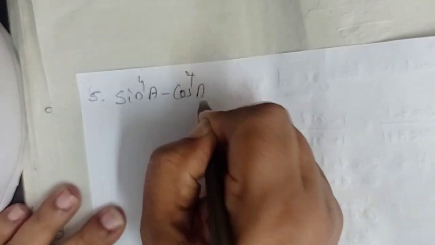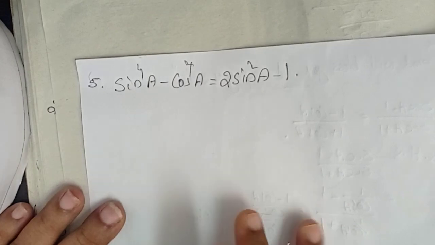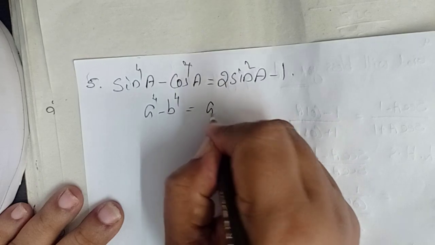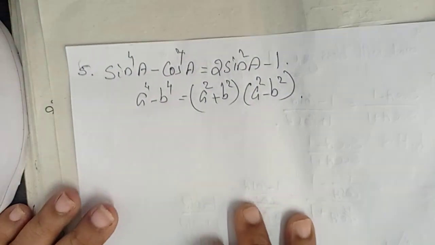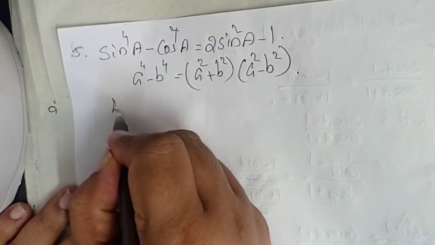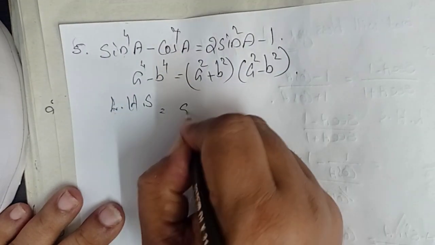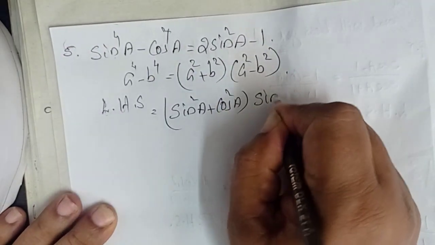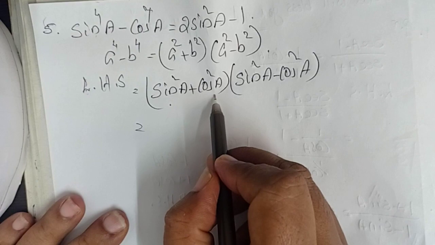Sine raised to 4 A minus cos raised to 4 A equal to 2 sine square A minus 1. Right. Can you say what is a raised to 4 minus b raised to 4? A square plus b square into a square minus b square. Isn't it? Therefore, what is the LHS? Sine raised to 4 A minus cos raised to 4 A. We can write sine square A plus cos square A into sine square A minus cos square A. Can you say what is the result, sine square A plus cos square A?